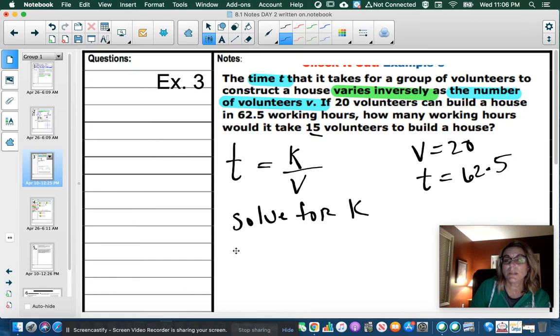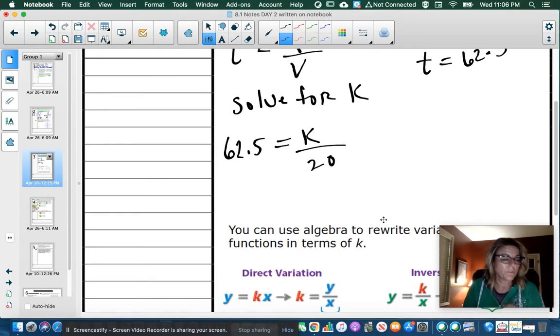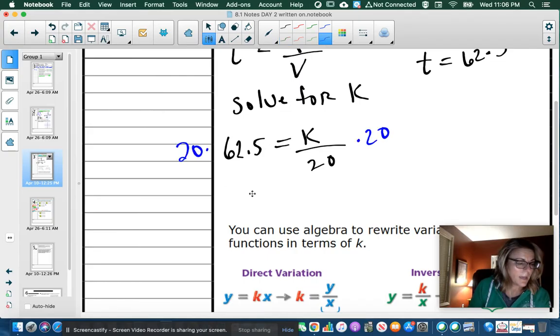Remember, these are 2 steps. So I plug in what t is, I don't know k, and I plug in what v is, and I'm solving for k. Multiply both sides by 20. 20 times 62.5 is 1,250, and that's our k value.